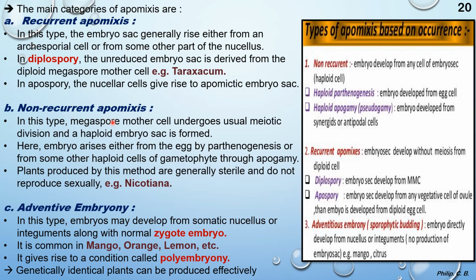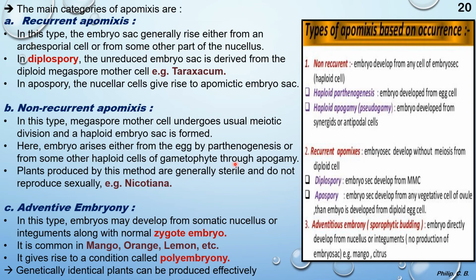If it is non-recurrent apomixis, the second type, the megaspore mother cell undergoes an unusual meiotic division, not the usual one, and a haploid embryo sac is formed. Here, the embryo arises either from the egg by parthenogenesis or from some other haploid cells of the gametophyte through apogamy.